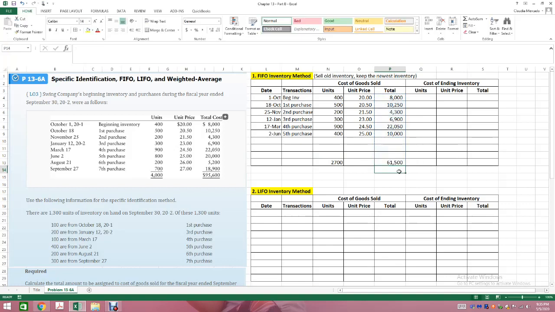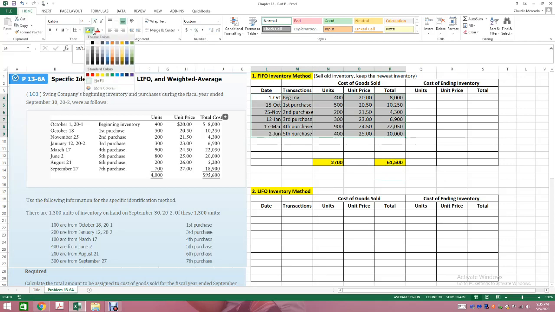The value of the inventory that I sold was $61,500. So your cost of goods sold for the 2,700 units that you sold is $61,500. Now that is the first part. This is your cost of goods sold component.